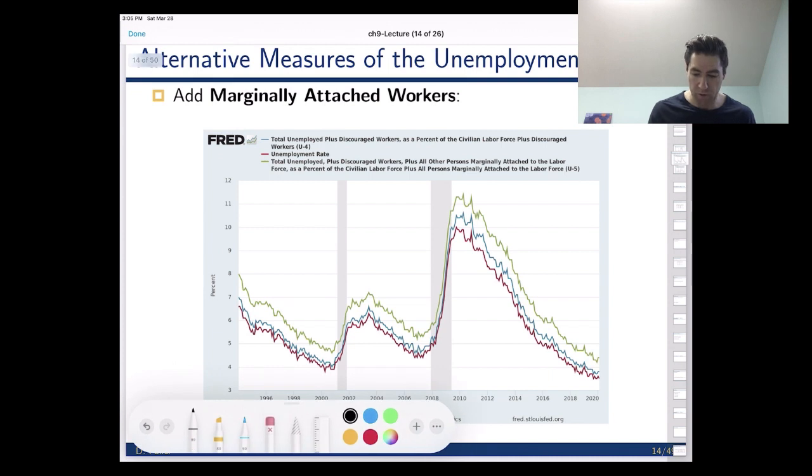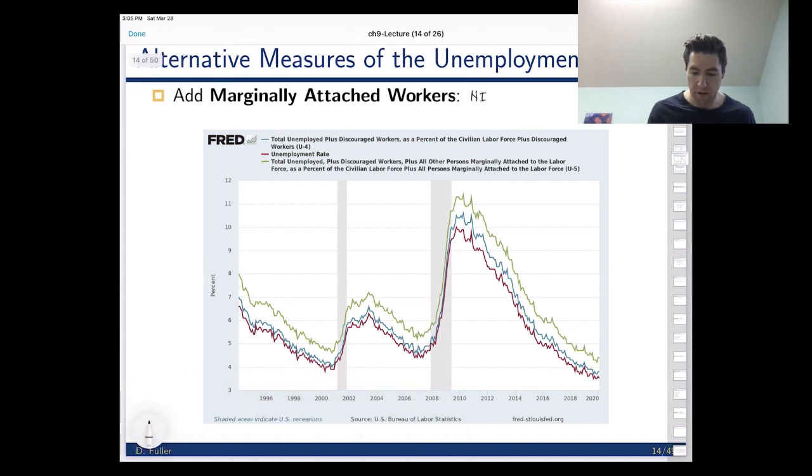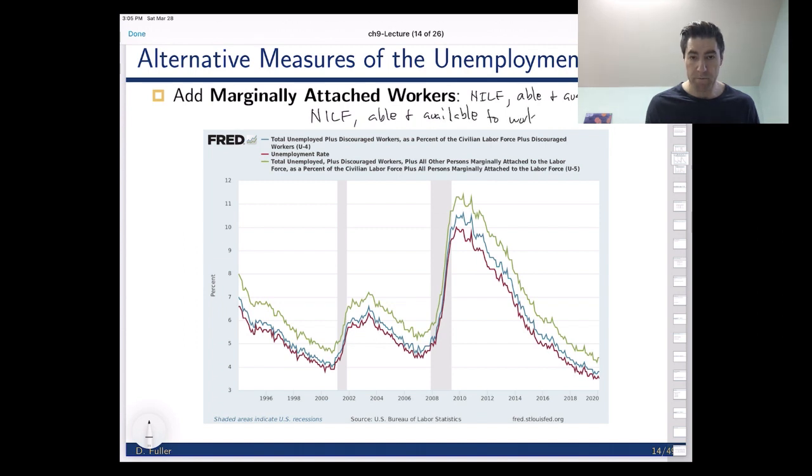So we call them marginally attached because they're somewhat attached to the labor market. So not in the labor force, able and available to work. And that's the group of marginally attached workers.